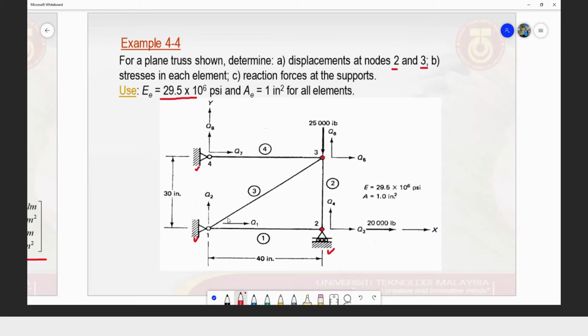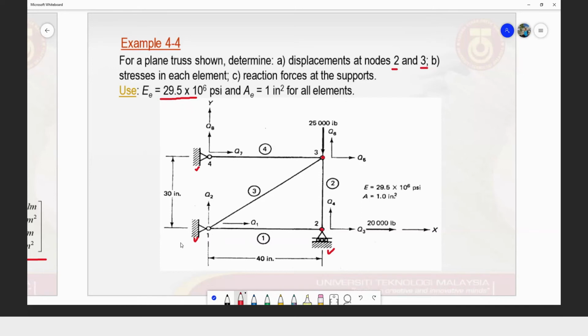In your test or exam, once you have the geometry like this for a plane truss problem, straight away draw the degrees of freedom at each node point, like what you have on your screen now. Then from there, look at the boundary condition.